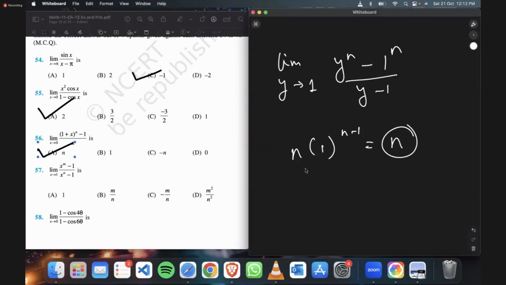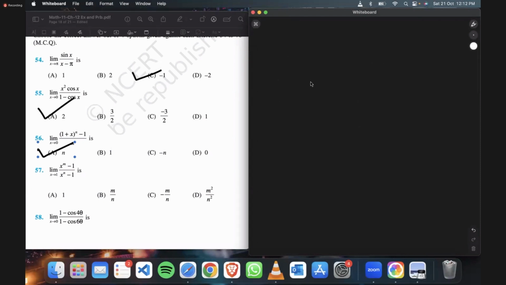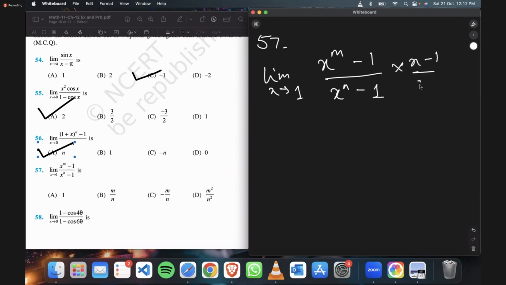All right, let's move on to the next question. Next up is question number 57. In question number 57, we have been given the limit as x tending to 1, x to the m minus 1 divided by x to the n minus 1. All right, what can we do in this? Multiply and divide with this.